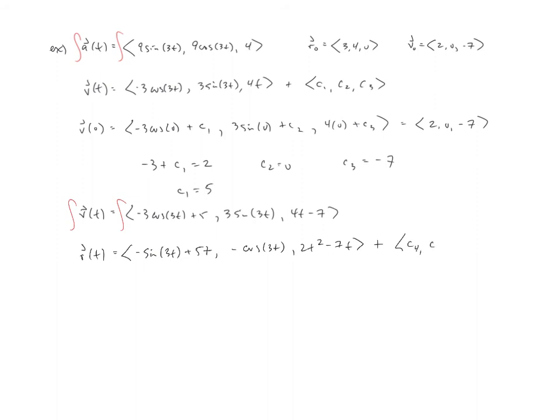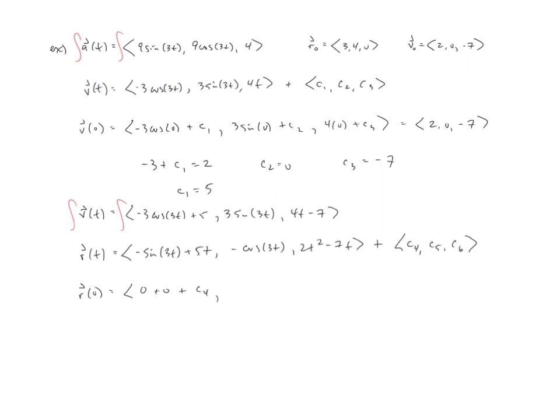So how about c4, c5, and c6? Now I'm ready to use this initial condition. So r of 0 would be a 0 from this guy right here, plus a 0 from this guy here, and then plus c4. And so again, this plus this right here for our first component.